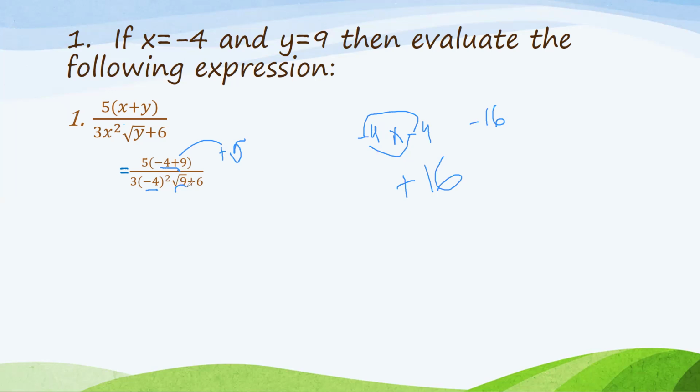What about root 9? Under root 9 means we have to find the root, that if 3 is multiplying twice, it becomes 9. 3 into 3 is 9. So we get only 3 outside the root, and square root of 9 is what? 3. Okay, 3 is multiplying twice, it gives the answer 9.